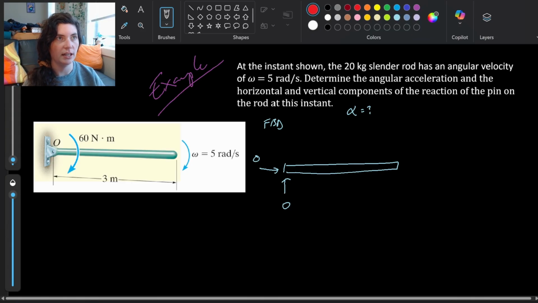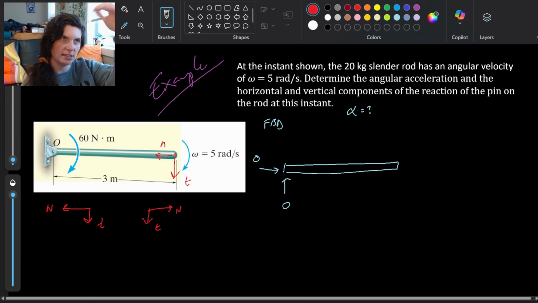So if I did it like this, this would be my tangential direction. And then my normal direction we usually have is going up the rod, if I look at the end there. So I'm going to say this is my N, this is my T. And you could do it either way. You know, if it makes more sense to you, you can do N and T. I'm going to keep my T in the negative direction though, just because that is the way that our bar is swinging.